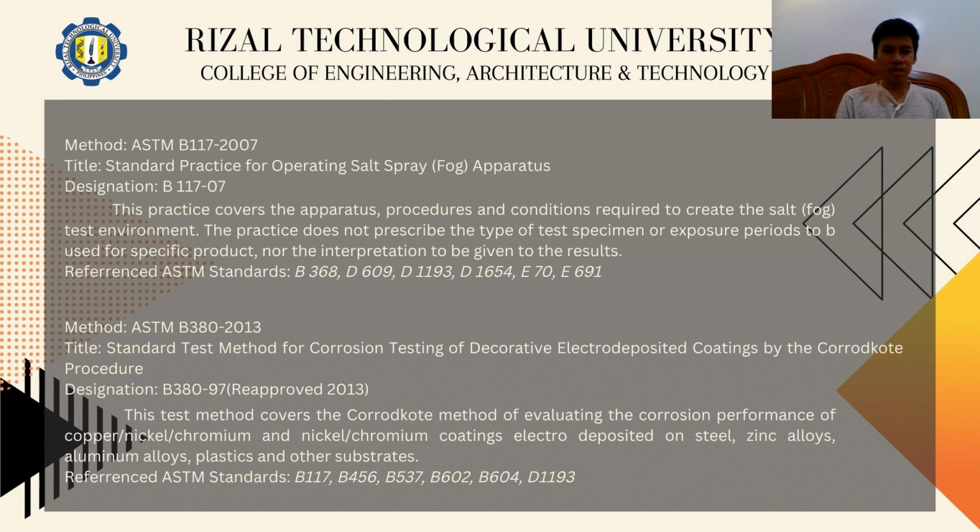B380-2013, Standard Test Method for Corrosion Testing of Decorative Electrodeposited Coatings by the Corrodkote Procedure. This test method covers the Corrodkote method of evaluating the corrosion performance of copper, nickel, chromium, and nickel chromium coatings electrodeposited on steel, zinc alloys, aluminum alloys, plastics, and other substrates.